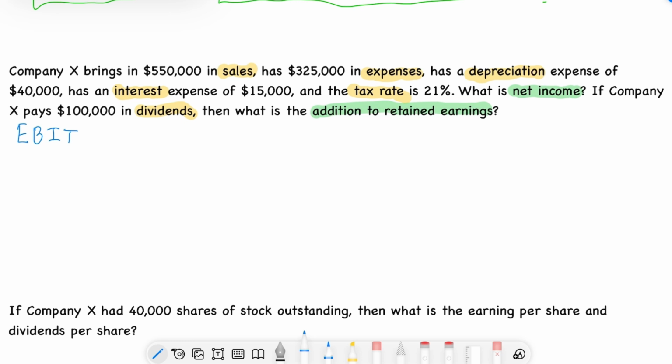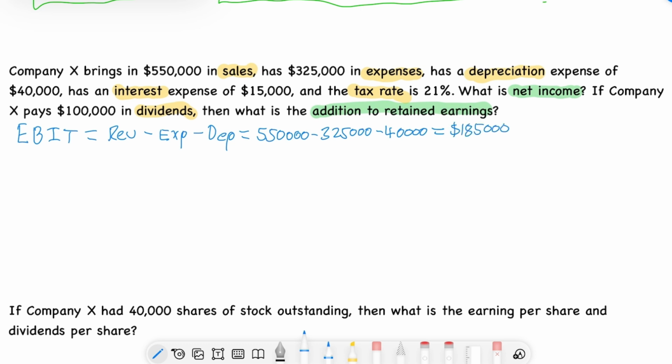What that's going to be is our revenues minus our expenses minus our depreciation, which is going to be $550,000 minus $325,000 minus $40,000, which is going to be, let's see, $185,000.